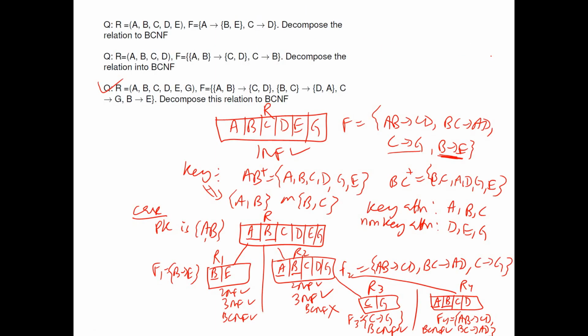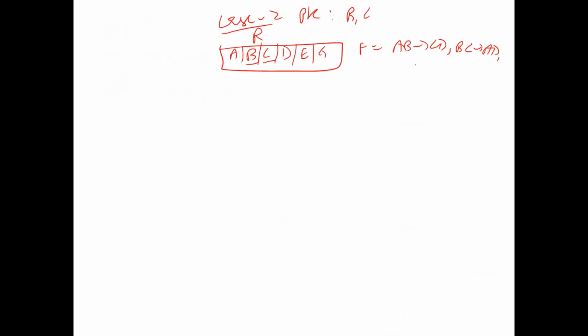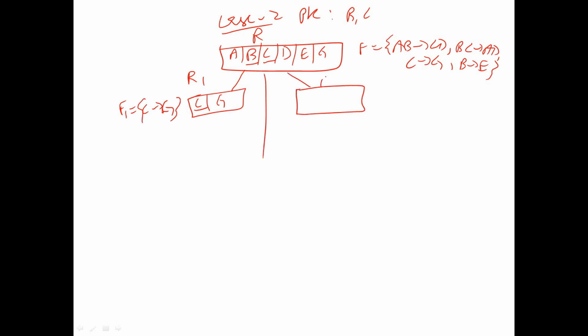Then I'm having C to G, B to E. So students, you see G is the non-key attribute which is depending upon C. C is part of the key, so I can resolve that in 2NF. So R1 is created by CG. F1 is containing C to G, and the other details available as R2, that is A, B, C, D, E.